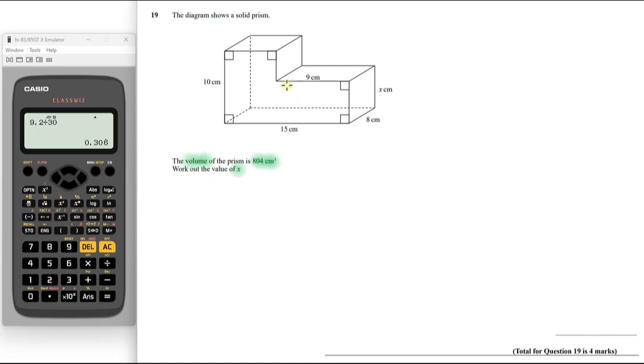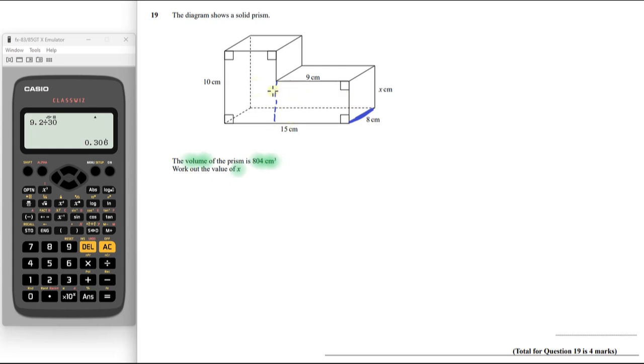I'm going to split it up into two sections. If I draw a line down here, I calculate the area of this rectangle, calculate the area of this rectangle, add them together, and then multiply it by 8, that will give us the volume of this prism.